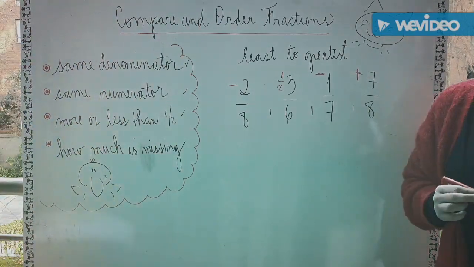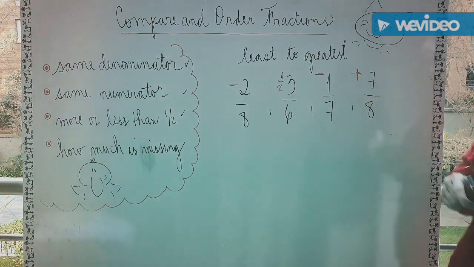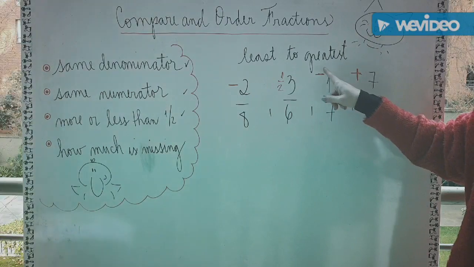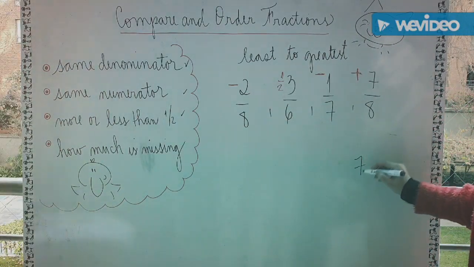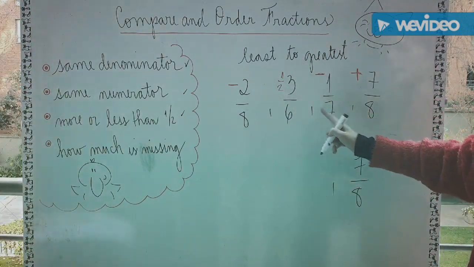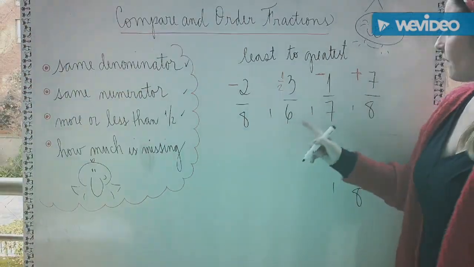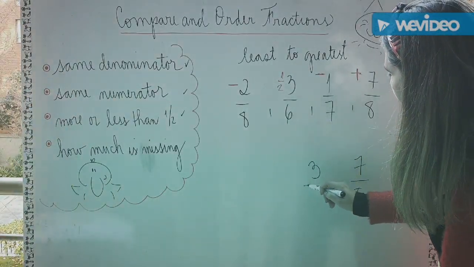So right away, you can put in order two of the ones you have. Since you have to write from least to greatest, the greatest is for sure the 7/8. Then we've got 2 that are less and one that is exactly the half, so this one would go here.